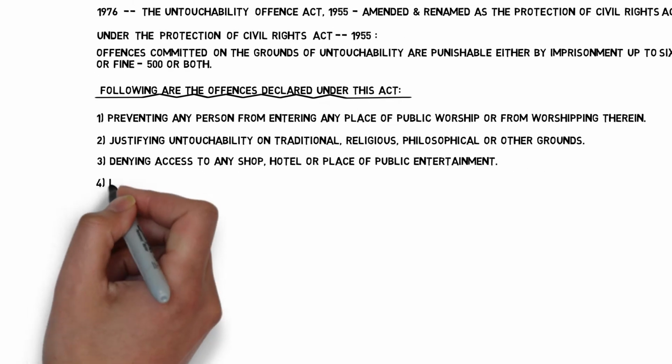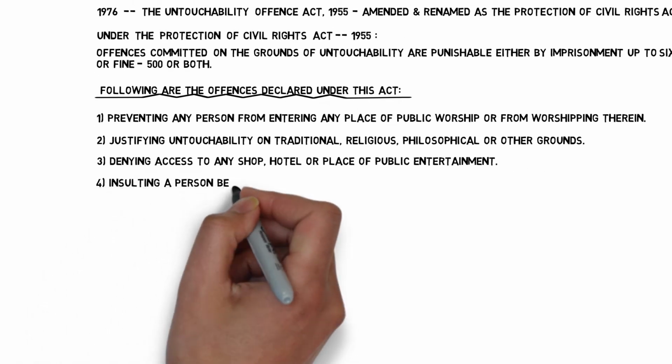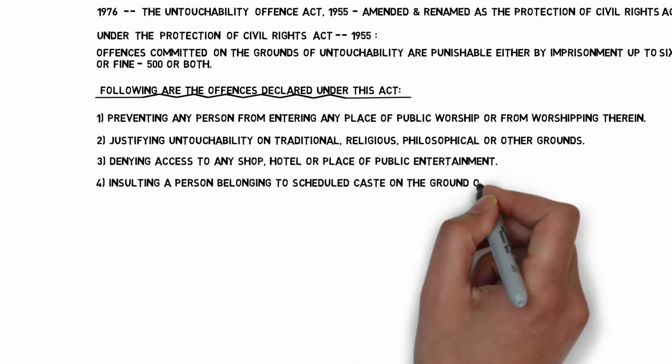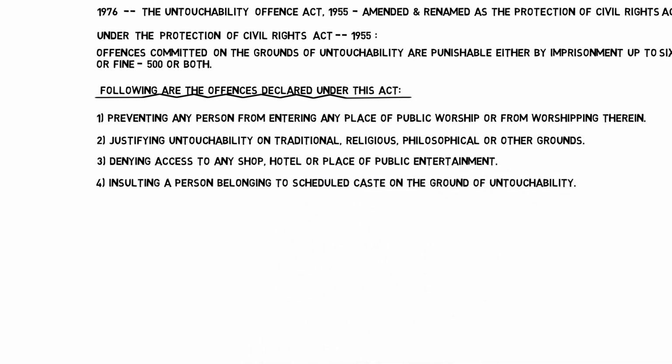Moving on, we have the fourth offense, insulting a person belonging to a scheduled caste on the grounds of untouchability. If anybody insults any individual, especially someone who belongs to a scheduled caste, and if that person is insulted because of his caste, that shows the real practice of untouchability.